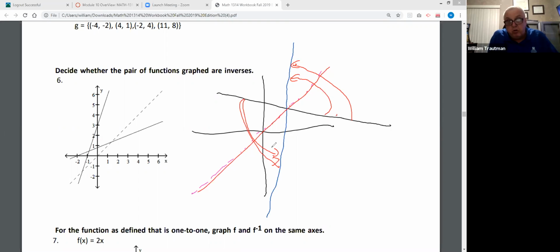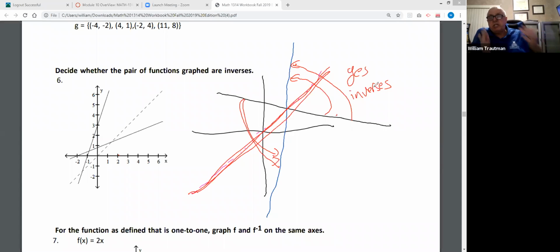When you fold it over on this line here, they mirror each other. They mirror on the y equals x line. So yes, these two functions that I just wrote are inverses, because they fold over on the y equals x line. And that y equals x line is not always going to be drawn for you. You have to create it sometimes to look at it.